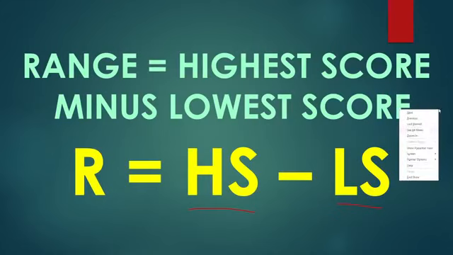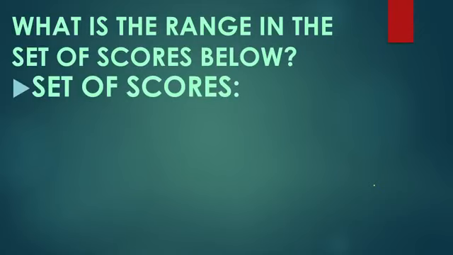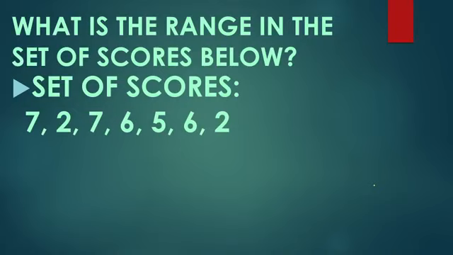Okay, let's continue further. I'm going to give you examples now. So let's have our first example. What is the range in the set of scores below? These are the set of scores now. You have there 7, 2, 7, 6, 5, 6, 2. What is the highest score? 7.